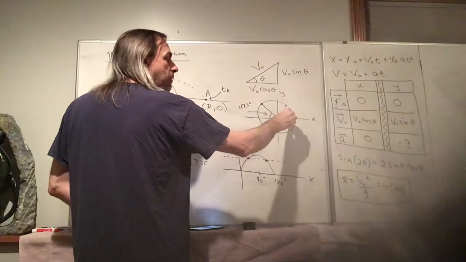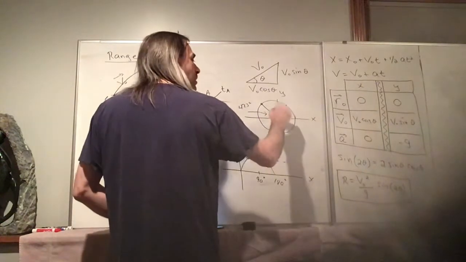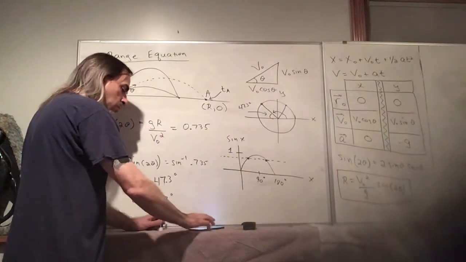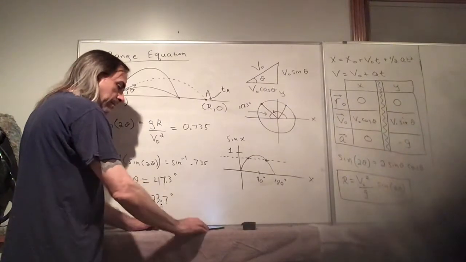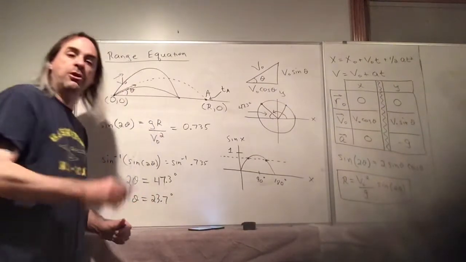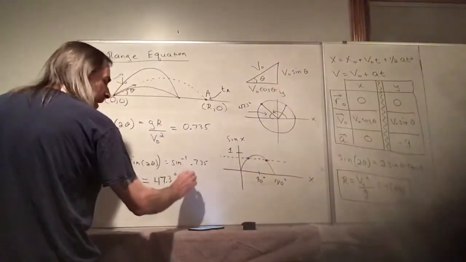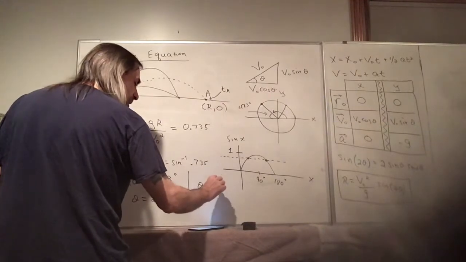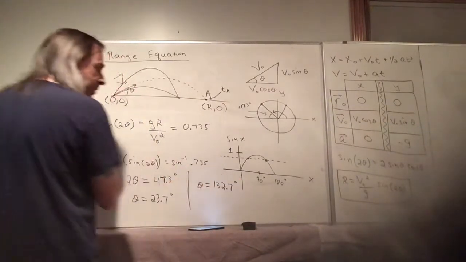If we start from the positive x-axis and go around, this angle would be 180 minus that. So let's see, 180 minus 47.3. Let's check this angle. Let's say theta equals 132.7 degrees.